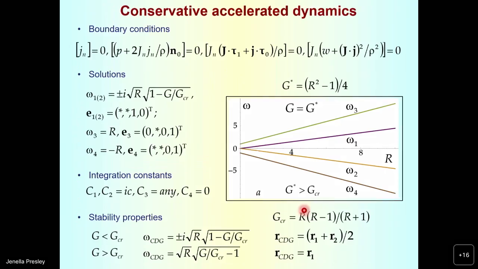Now let us look at the accelerated dynamics. We repeat exactly the same setup, and we will have the acceleration g present here, making the dynamics stable or unstable depending on the strength of this acceleration. If the strength of the acceleration is greater than critical, we will have unstable dynamics.